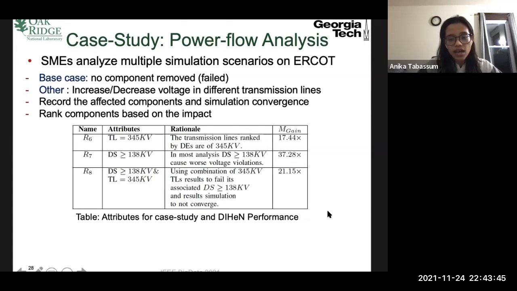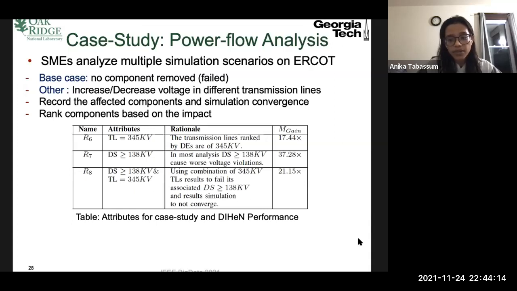For the analysis, the experts first conduct a base case analysis, that is, the ideal scenario when no components are removed. Next, they create multiple simulation scenarios, each time removing a different subset of transmission lines. And they record different parameters compared with the base case scenario, such as the amount of load loss, the number of components which cause voltage violations, whether the simulation converges or not, this kind of parameters.